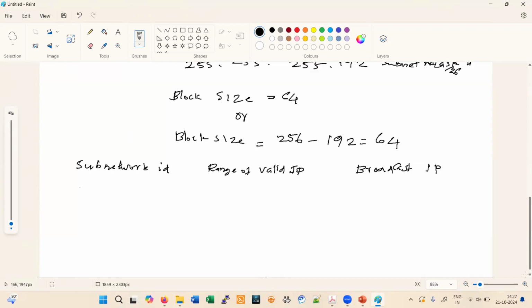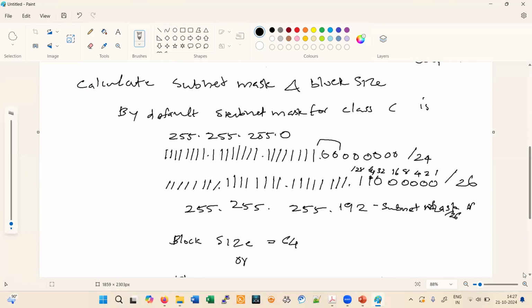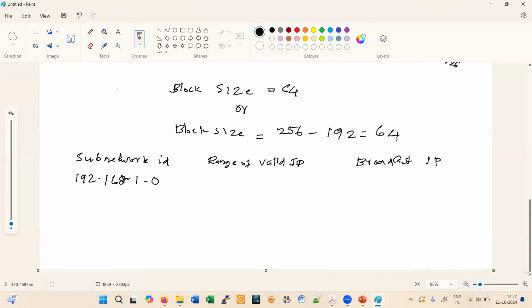So the first subnet is 192.168.1.0, right? This is our IP. This is our network, right? So the first network IP would be the same one, 192.168.1.0.